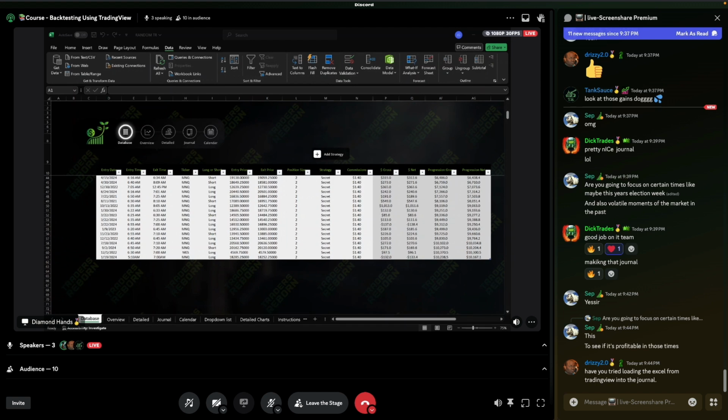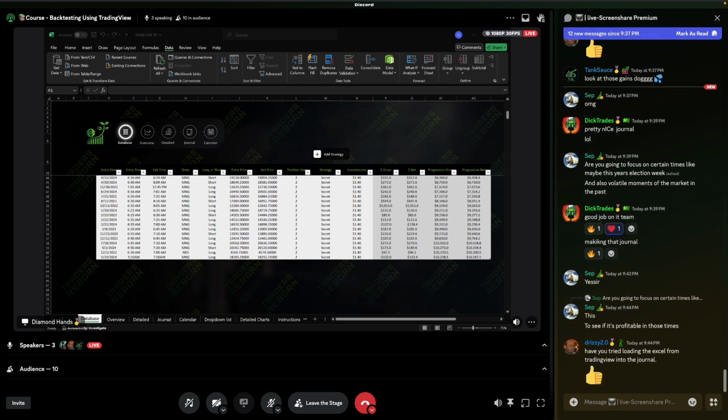Have you tried loading the Excel from TradingView into it? I tried, yeah, I did, but it did not work. Somebody else probably knows how to do it. To be honest, I didn't put too much time in it, maybe 2 or 3 tries.